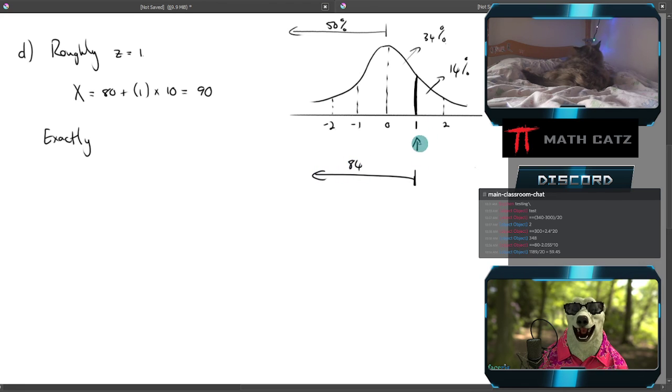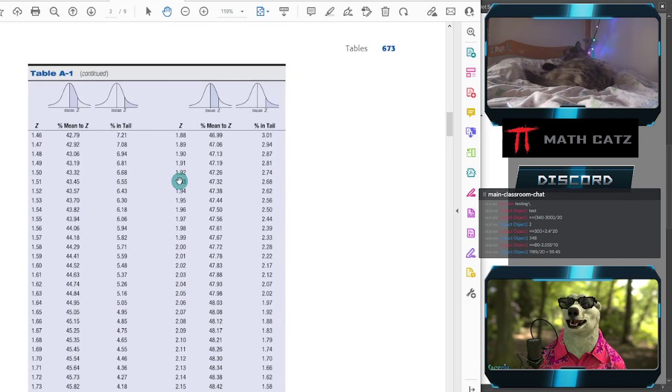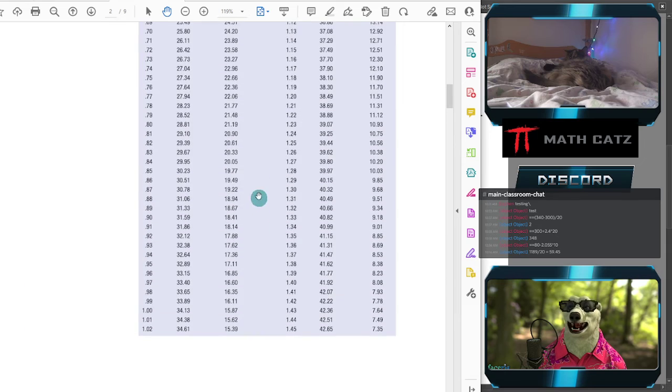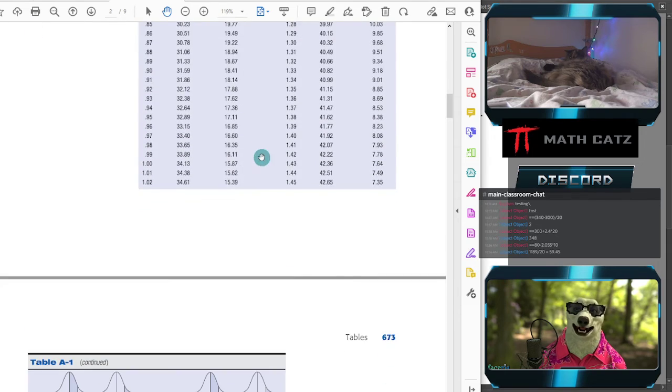I want to find exactly what is the z-score. 84% on the left side will mean 16% on the right. So my preference is, yes, you can go 50 and then 34. I tend to just do the tail where I need to focus on the tail. There's no need really to flip back and forth with these tables. Most of the time, the tail is the one I'm going with. So I'm looking for a 16% in the tail, and it's also the right tail as well.